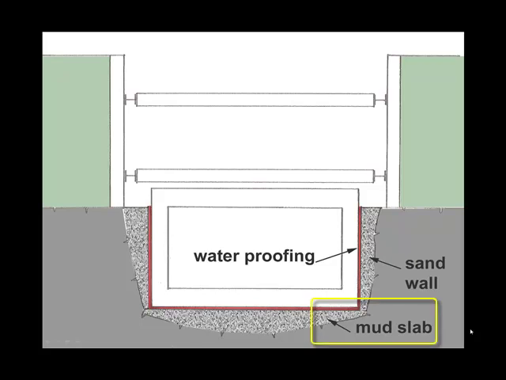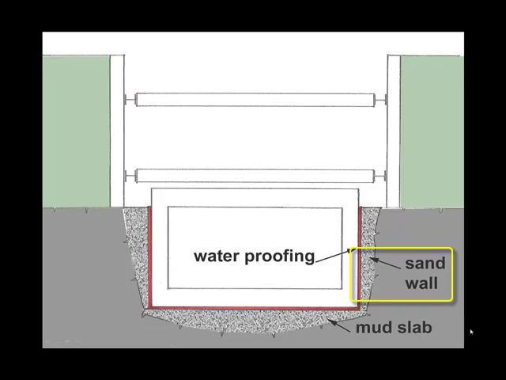So to fill out that over excavated rock area, you begin with a mud slab, and that evens out the bottom and allows you to continue the construction on a solid surface. But you must also even out the walls, and that is done with a sand wall. Sand wall is also a concrete wall.